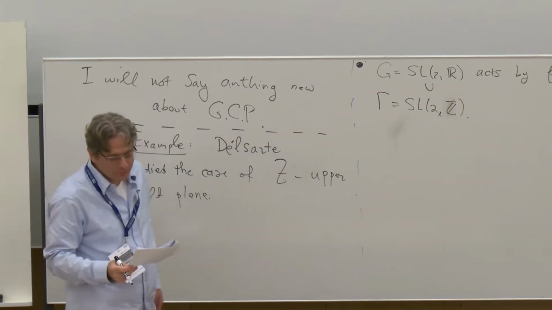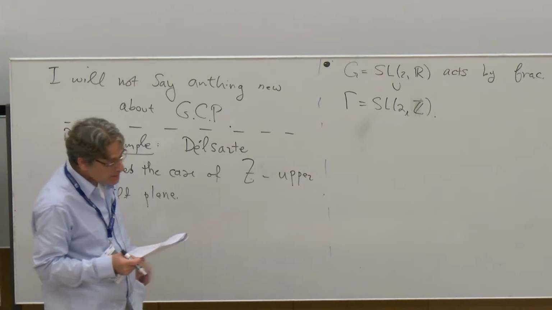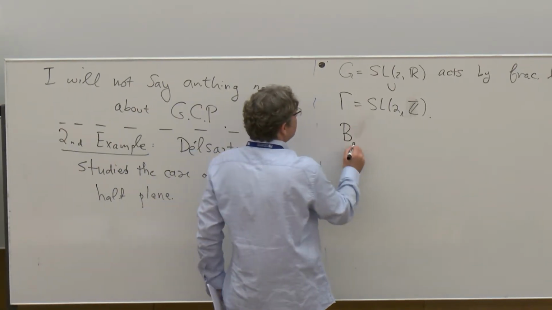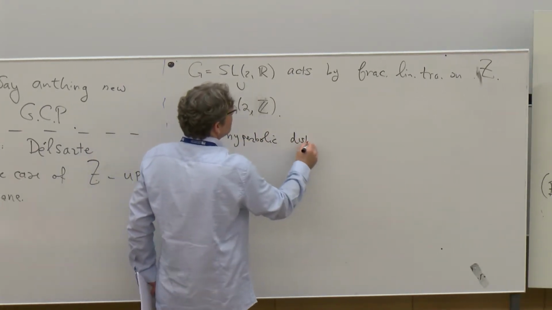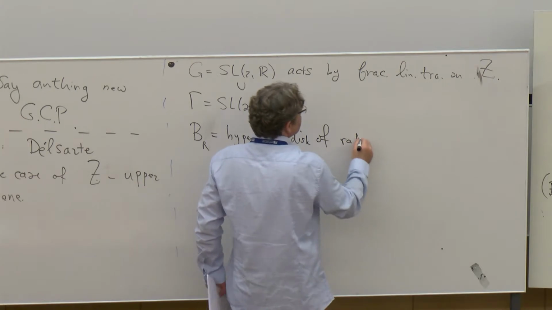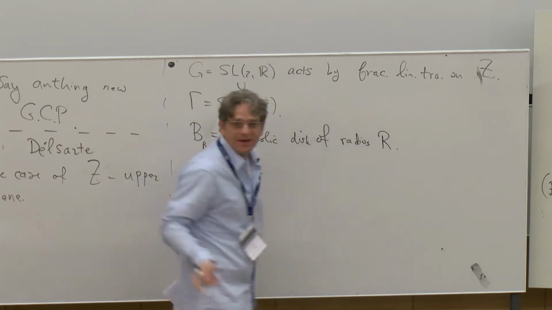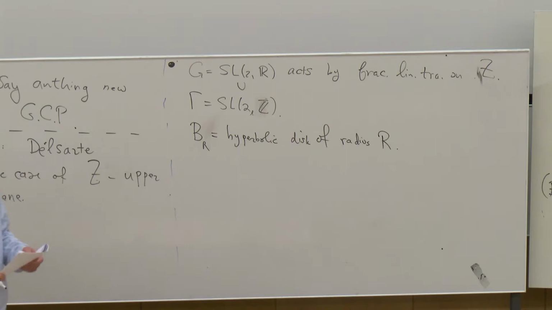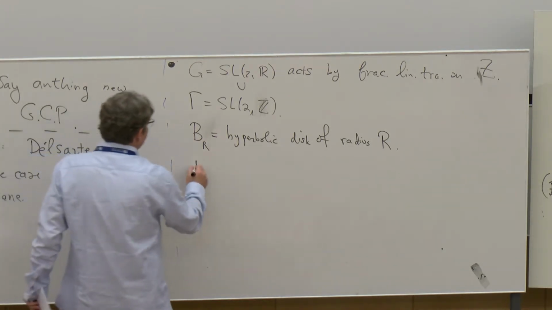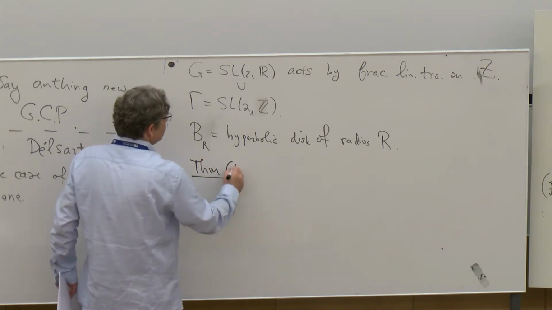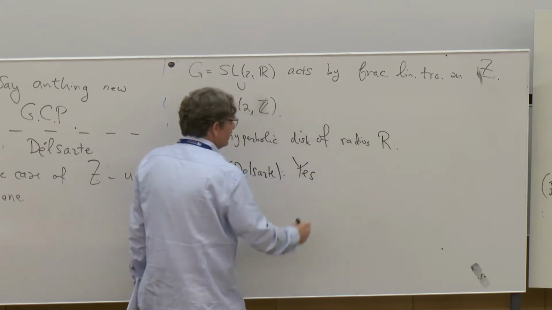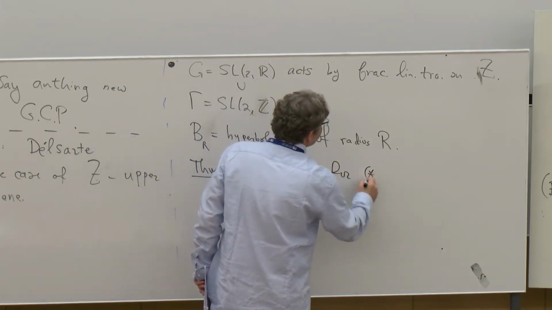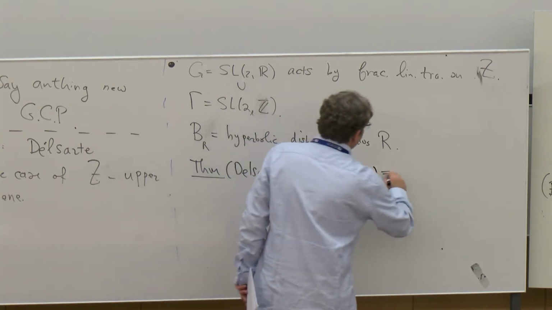Okay, so these are the kind of gammas we like. And BR is going to be a hyperbolic disk of radius R emanating from the point i. So the theorem of Delsarte is yes for star. Or in other words, counting holds.